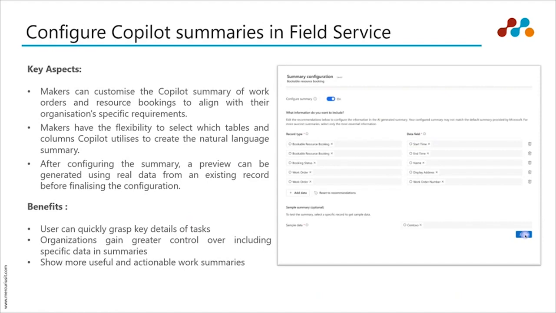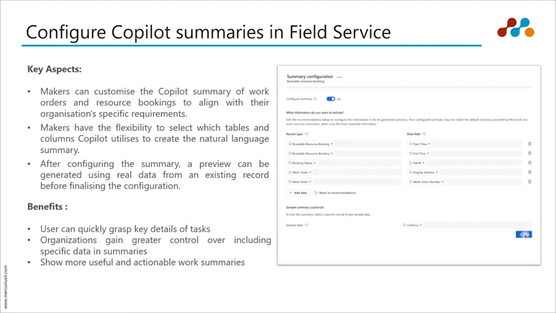Unlike the account summary, here we can actually control the details of the summary. For example, if the dispatcher or the frontline worker needs some insights from some other entity other than the work order, let's say details from its associated cases, the account record, or a contact record.